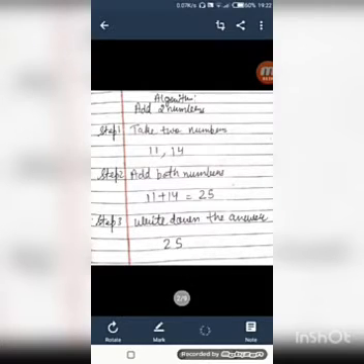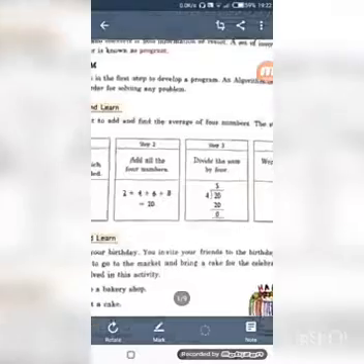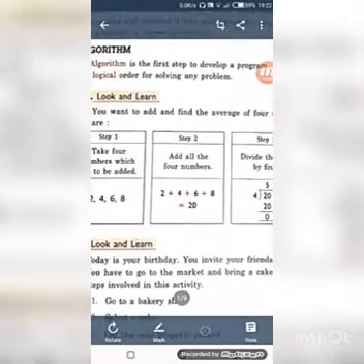For example, if I ask you to subtract two numbers, you will subtract normally, but you have to write the steps. Very easy to do.